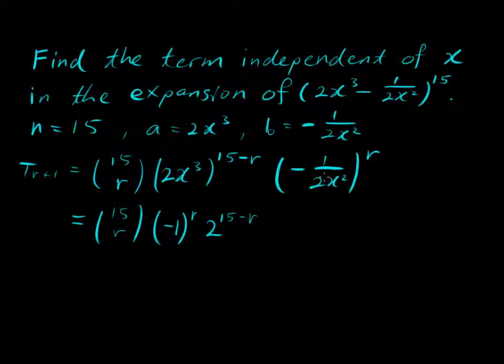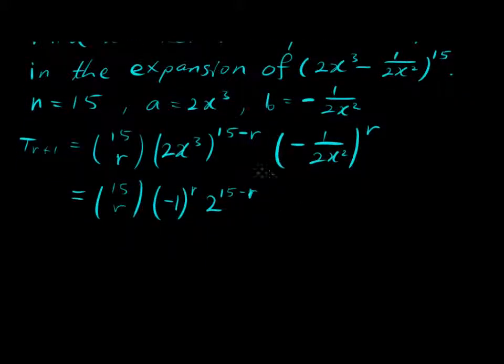Over here we also have another 2, and since it's divided, we put it as 2 to a power of −r. Then let's look at x, which is the one that we are most interested in.